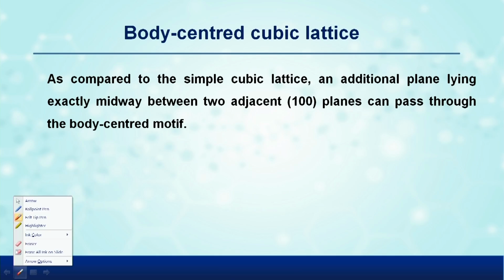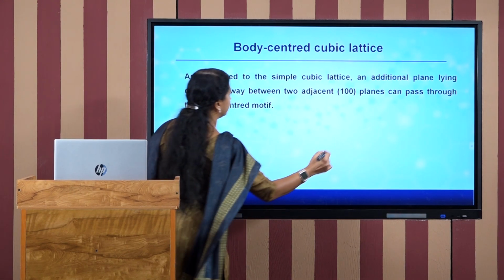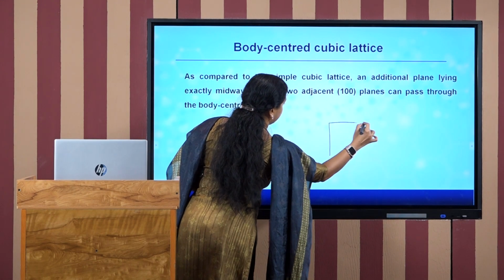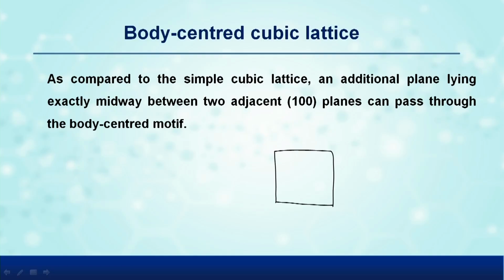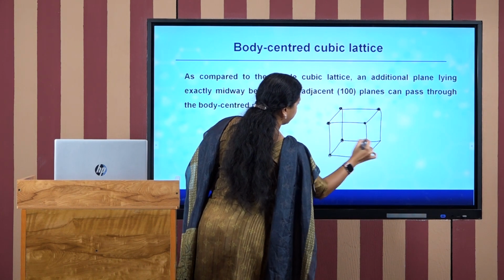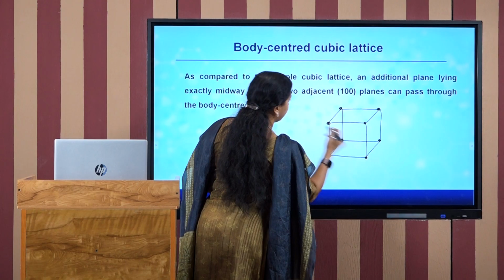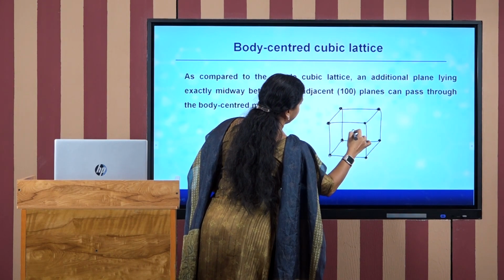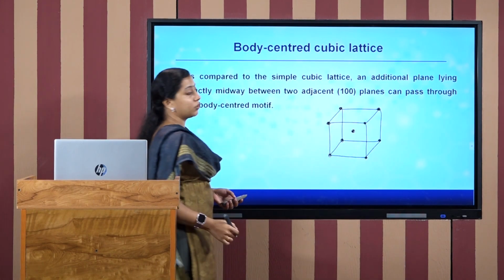So, let us draw a body centered cubic lattice. In a body centered cubic lattice, we have atoms at the corners and also one atom at the center of the body.